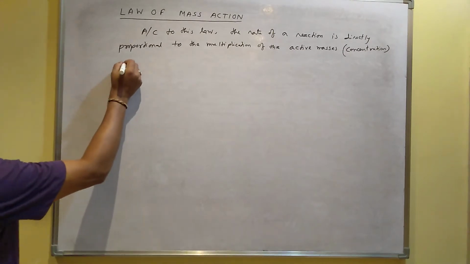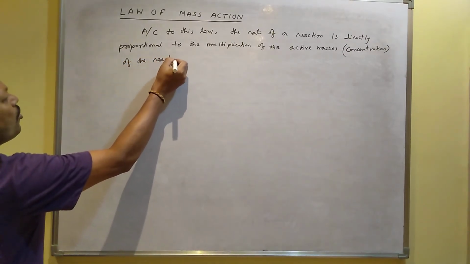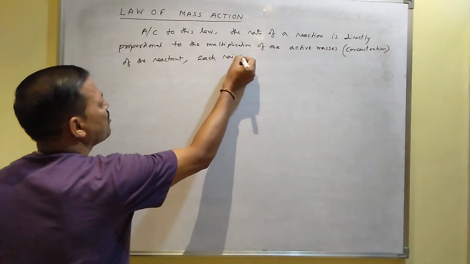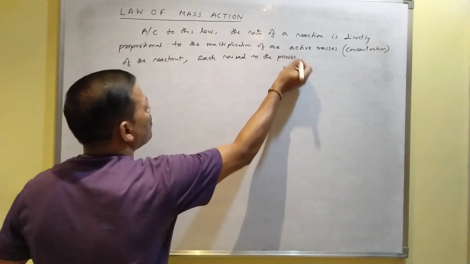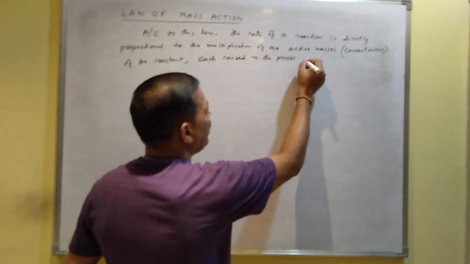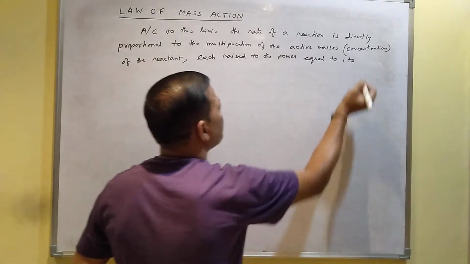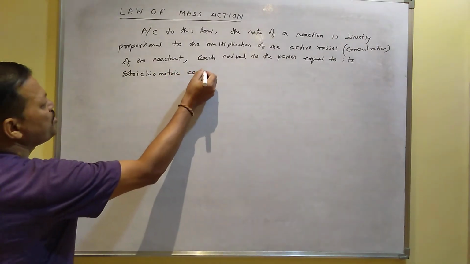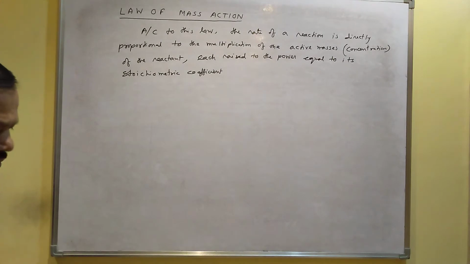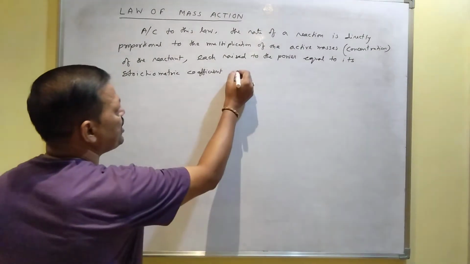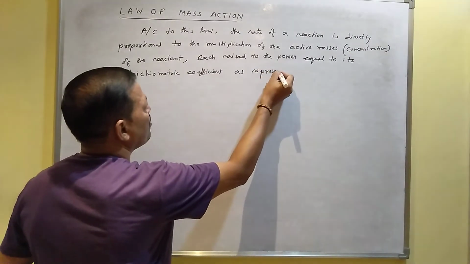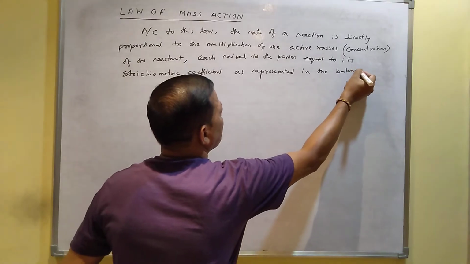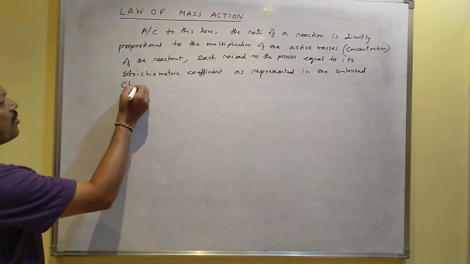Active masses of the reactant is raised to the power equal to its stoichiometric coefficient as represented in the balanced chemical reaction.